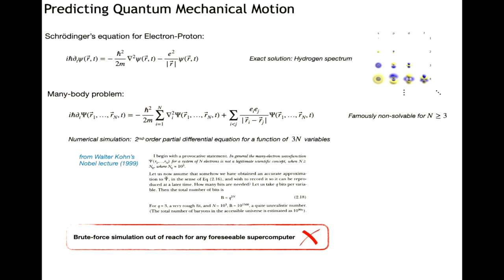There is a fundamental limitation in the capability of computers to deal with quantum many-body physics, right? And this is something new. It's different from classical mechanics. So I think it's fair to say that brute force numerical computations of the quantum many-body problem are fundamentally out of reach.